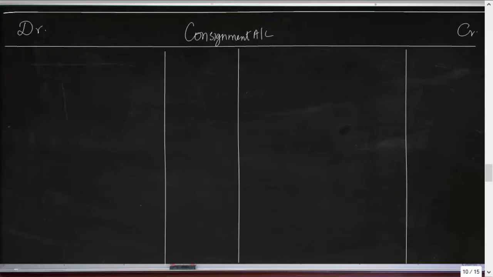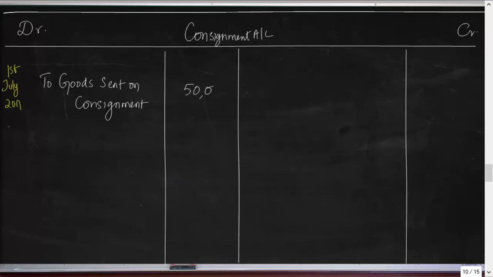So we'll write on 1st July 2011. The transaction is happening on 1st July 2011. What is the entry? To goods sent on consignment. What is the value? It is 50,000.